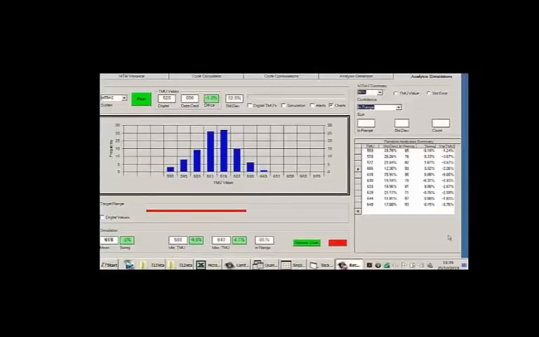The red line underneath the chart represents an imaginary line if they had corresponded to the data card TMU value plus or minus 5%.